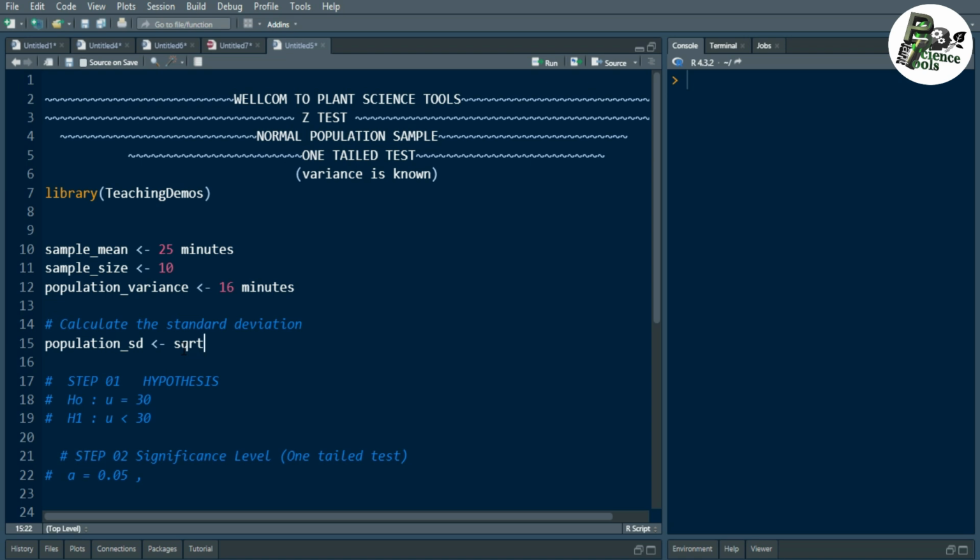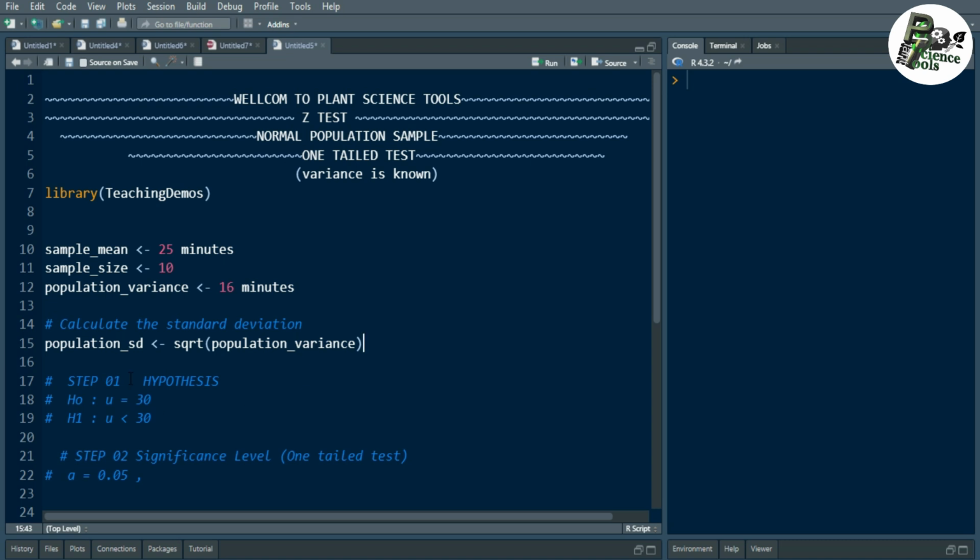So here we take the square root of the variance. In this way you can calculate the standard deviation if it is not given in the question and the population variance is given, just by taking the square root of the variance. I hope you get this point.